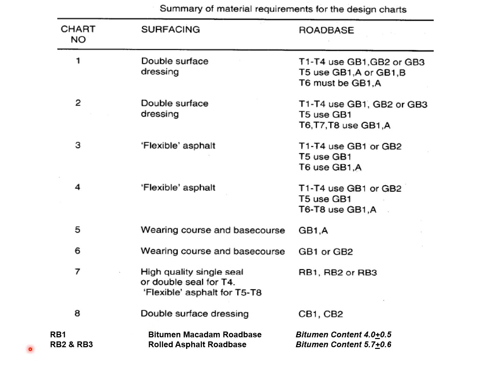At the bottom, RB1, RB2 and RB3 are mentioned. RB1 means bitumen macadam road base, and the bitumen content is 4 plus minus 0.5% in that case, and RB2 and RB3, that is rolled asphalt road base, and in that case the bitumen content is 5.7 plus minus 0.6.